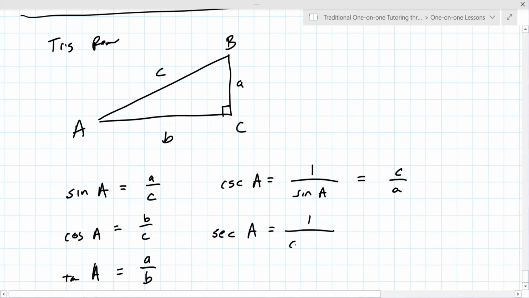Secant of A is 1 over cosine A. It's the flip of this, C over B. Cotangent A is 1 over tangent of A, so it's the flip of this. So it's B over A.